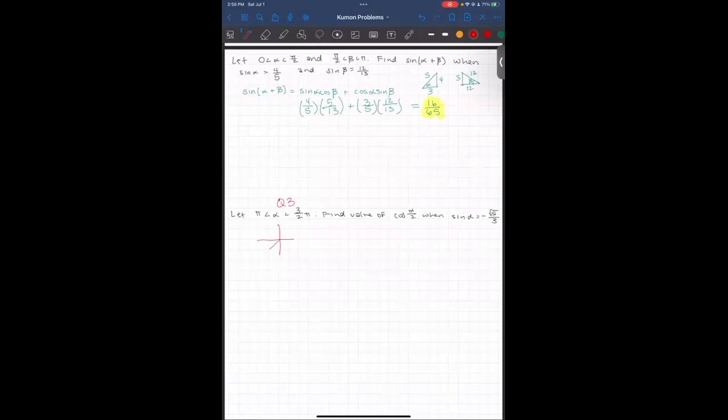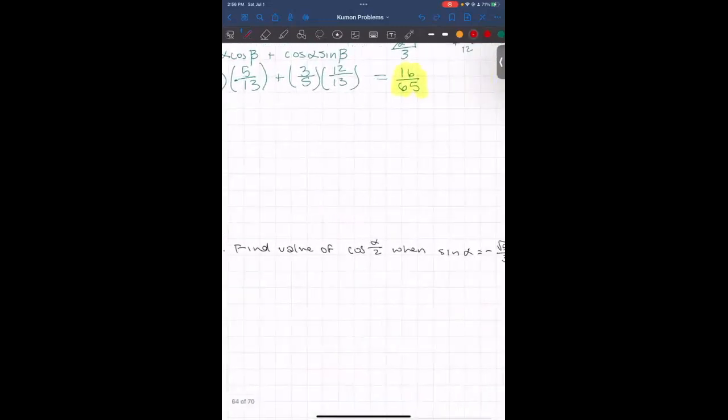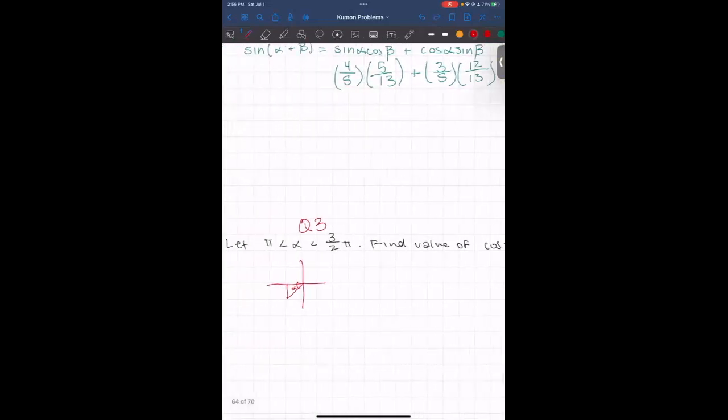We would have this as alpha, and we know that sine of alpha is negative root 5 over 3. So we would say opposite over hypotenuse, negative root 5 over 3.